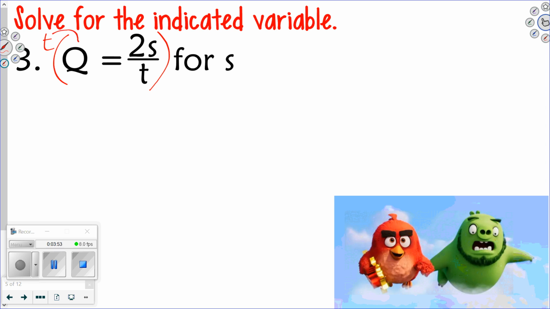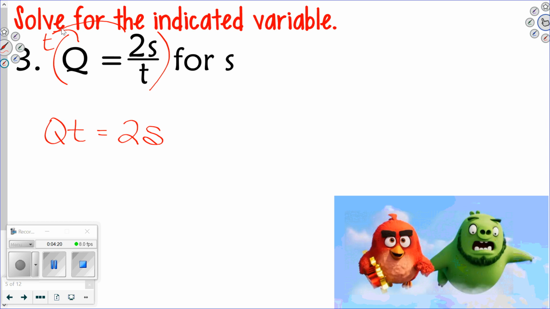So t times q is qt. And what happens when you multiply by t over here? It clears the t. I got a couple people still multiplying and telling me that's 2st. No, it's not, because it's t divided by t, which is going to cancel, and all you have left is 2s. Is s by itself yet?